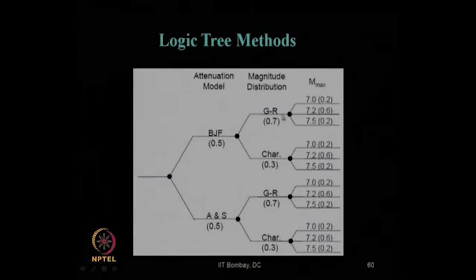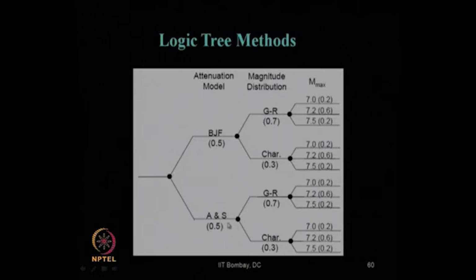One can use the Gutenberg-Richter magnitude distribution, one can use some other characteristic earthquake magnitude distribution. Now, based on your experience, you can give different weightage. Let us say the Gutenberg-Richter magnitude distribution or recurrence relation is more correct. Let us say 70% weightage is given to that and 30% weightage is given to the characteristic. It depends on the engineers, of course.